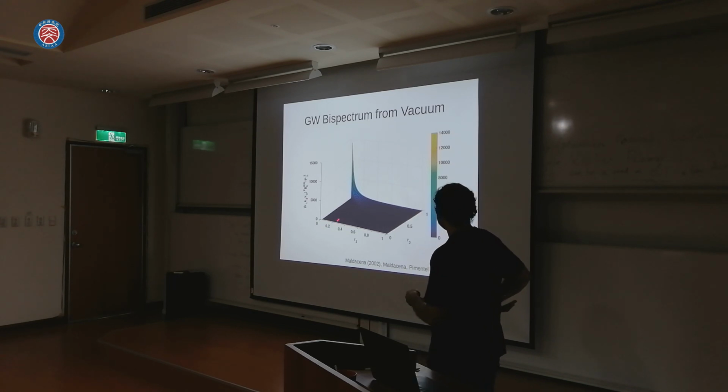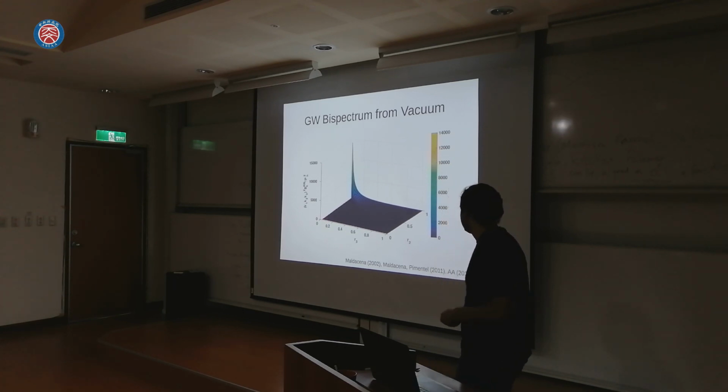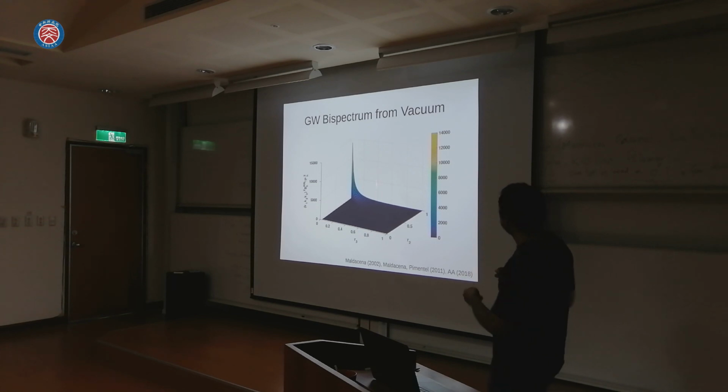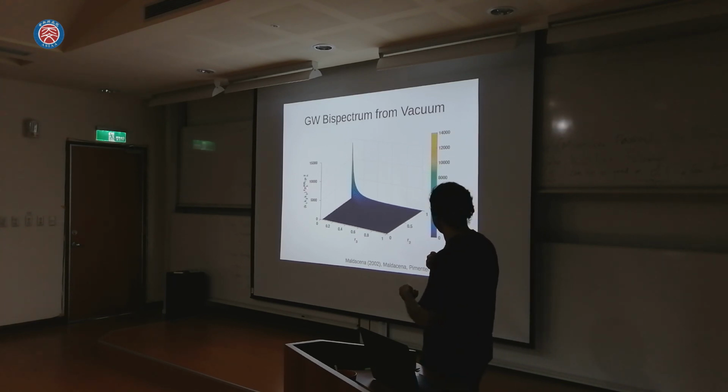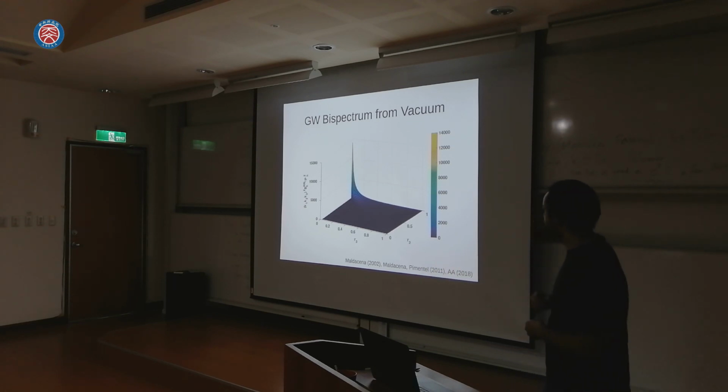So we see that this bispectrum actually peaks in the limit that the left-handed gravitational wave has a very long wavelength. What that means is that this is just showing the interaction of 2 short wavelength right-handed gravitational waves in the presence of 1 very long wavelength left-handed gravitational wave.